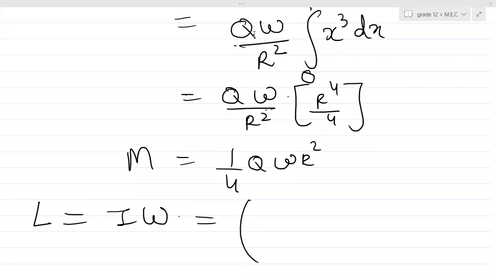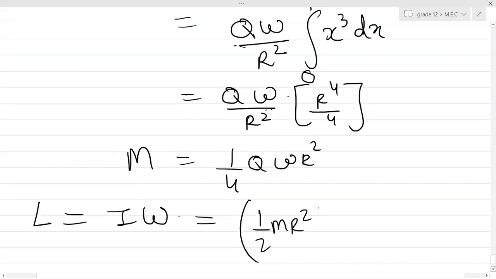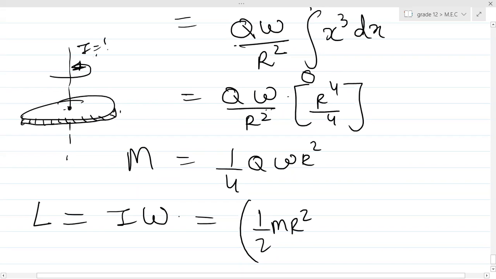So is it mr square by 2? Mr square by 2, half mr square. That is the moment of inertia of a disk about its center. Suppose this is a disk, then the moment of inertia about this axis, if it is rotating with omega, is half mr square.